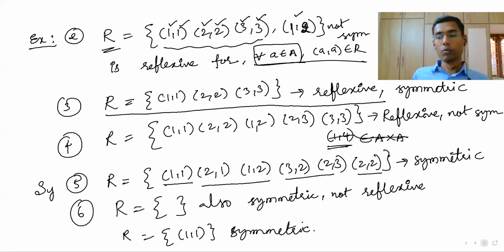Does each element, I mean, if there's a relation with just 1, 1 and 2, 2, is it still reflexive?